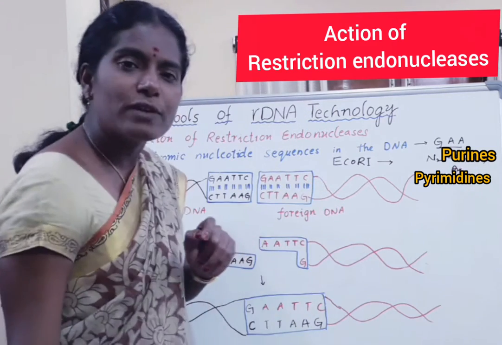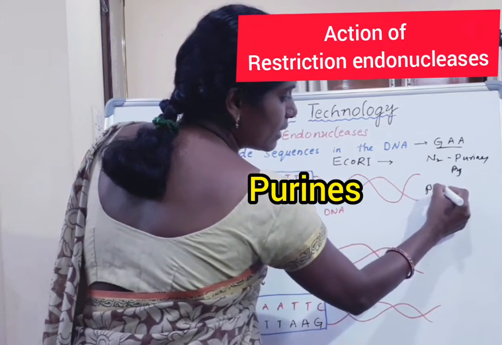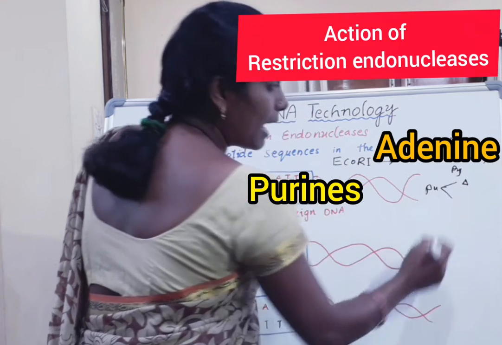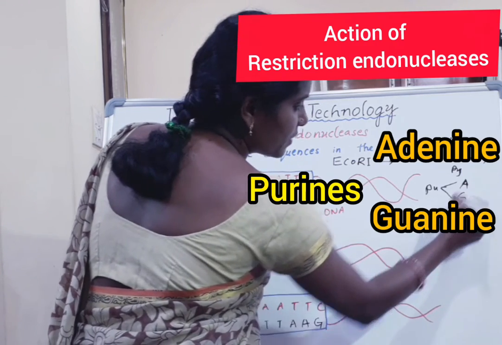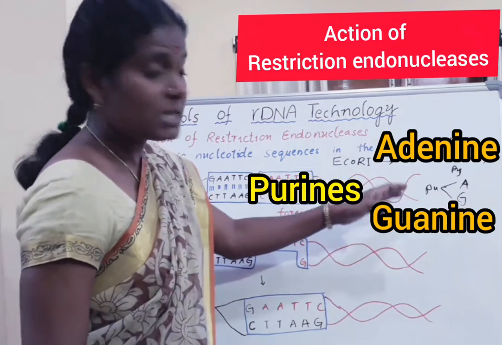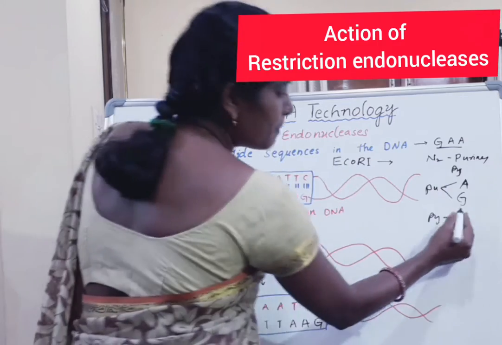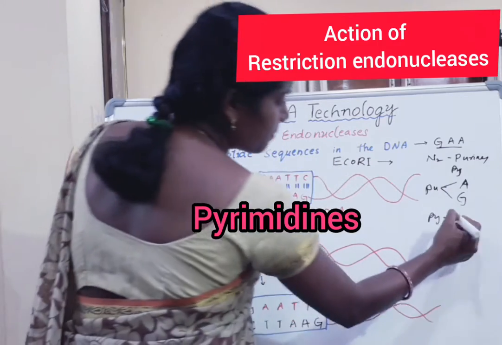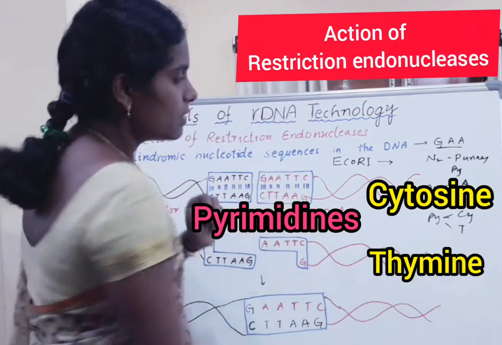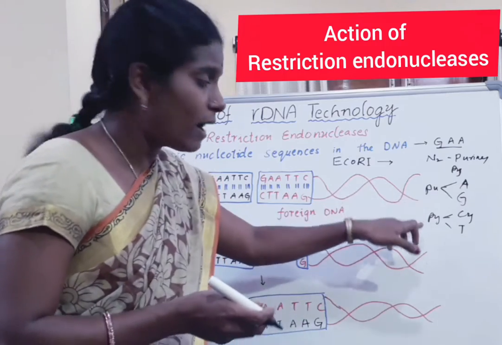Purines are of two types: adenine and guanine. Just I'm introducing the basic structure of DNA. Pyrimidines are of two types: cytosine and thymine.